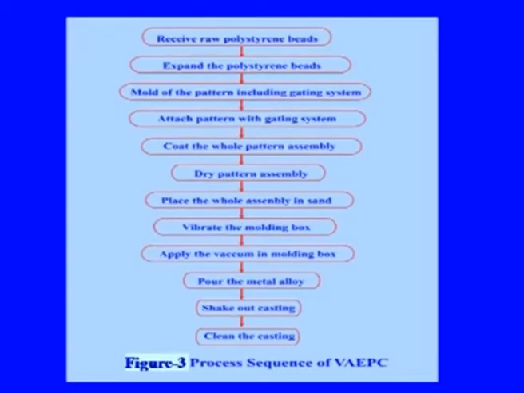After the pre-expanded beads are stabilized, they are blown into a mold to form pattern sections. This is the complete flow chart of the vacuum assisted evaporative pattern casting process.